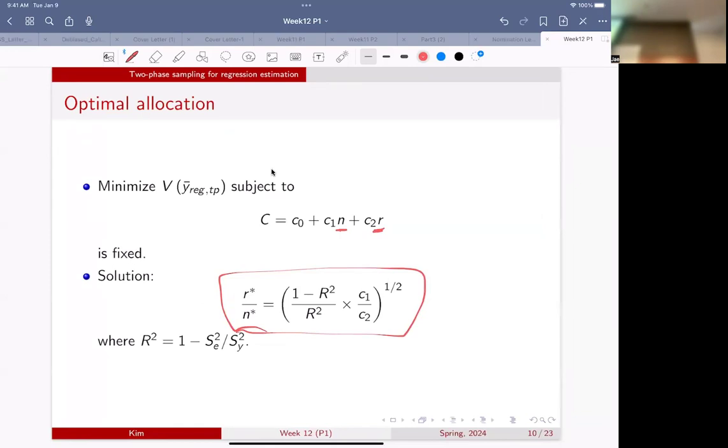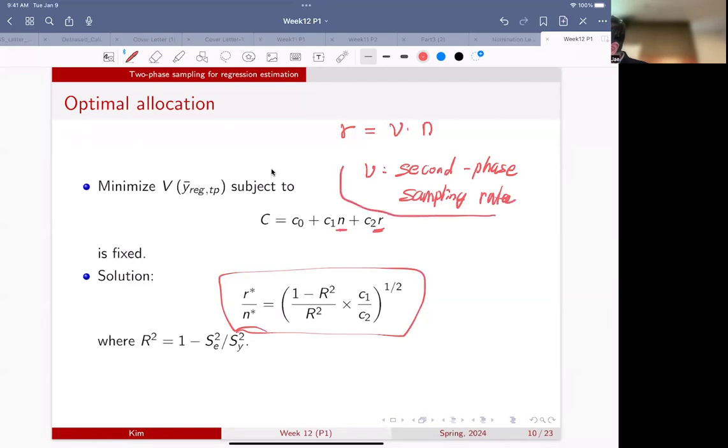So the plan strategy is okay. Let's write R as nu times n, where nu is the second phase sampling rate.